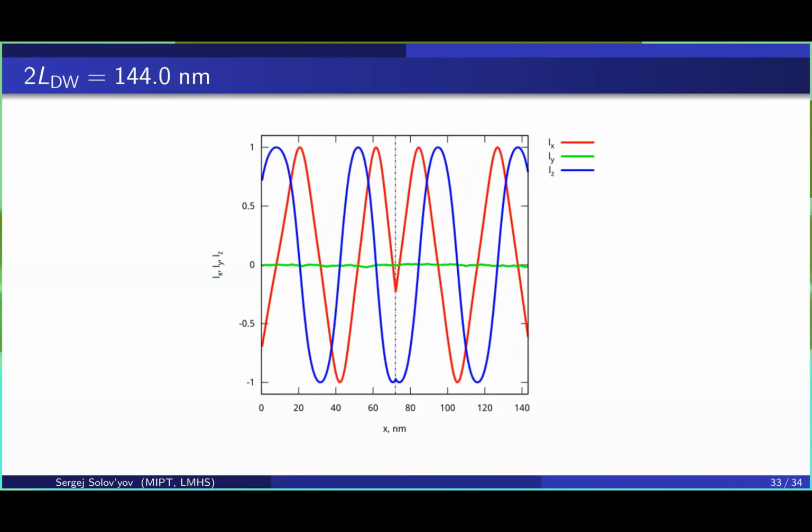Such a structure, where a half of a period is added every time we achieve some critical length of our ferroelectric domain size.